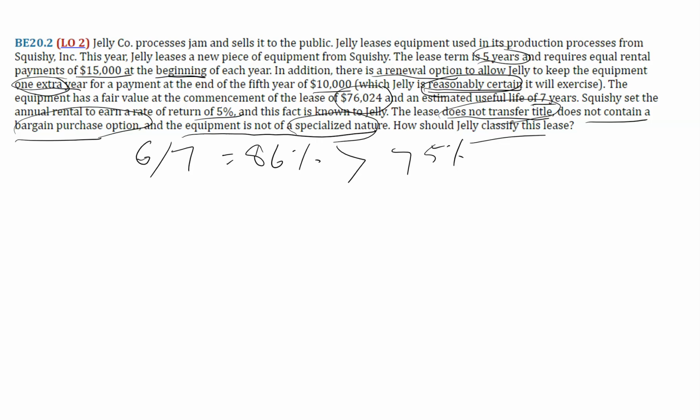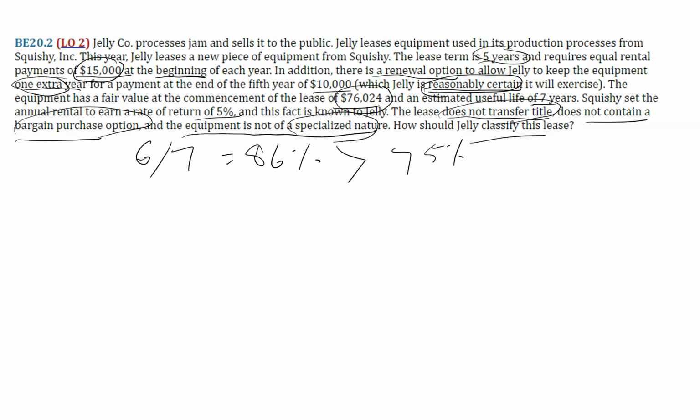Now the present value test. Remember, for the present value test, we consider all the lease payments given here. The lease payment will be $15,000 at the beginning of the year. We don't see any information about the residual value, but they have a renewal option which is certain, so we will also include that when we calculate the present value of the lease payments, and then compare it with the current fair value of that equipment, which is $76,024.